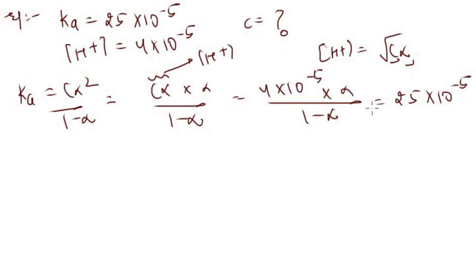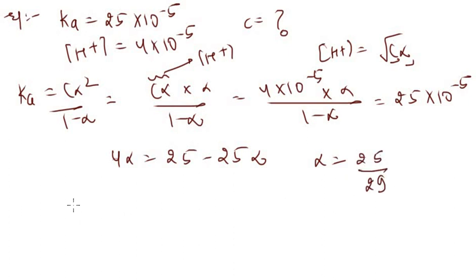So by solving this, 10 to the power minus 5 cancels on both sides. So 4 alpha equals 25 minus 25 alpha. So alpha comes out to be 25 upon 29.